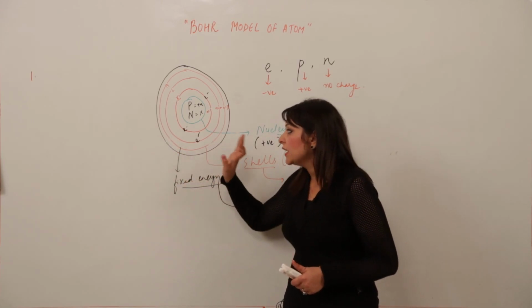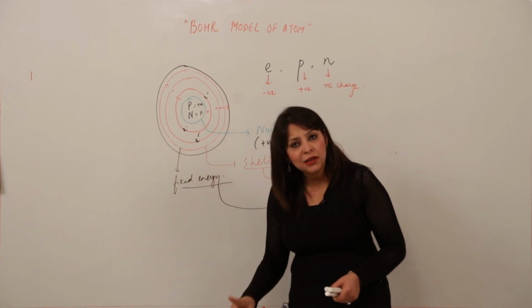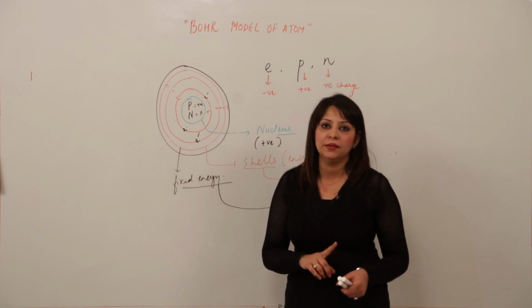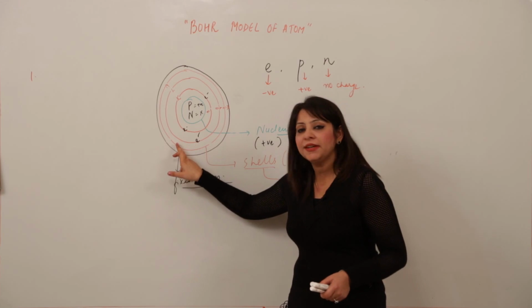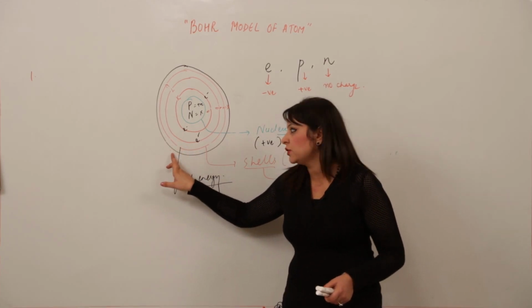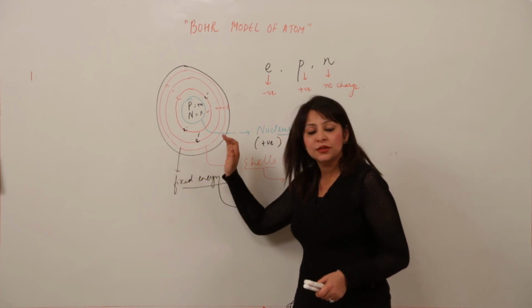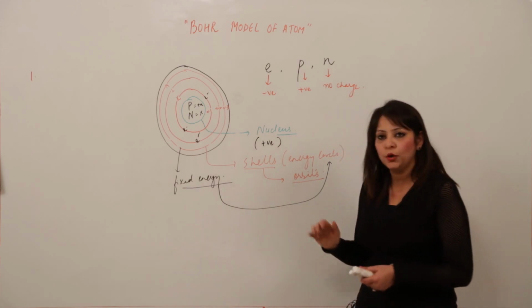That means as long as an electron revolves in the same shell, it will neither lose energy nor gain energy. Whenever an electron remains in a specific shell, it will neither lose nor gain energy. See, so by this postulate, he resolved the limitation of the Rutherford model.